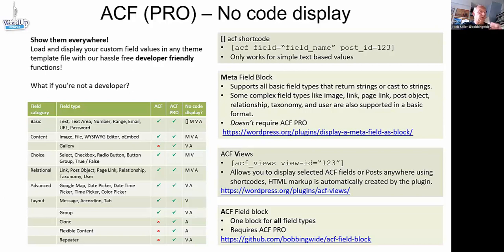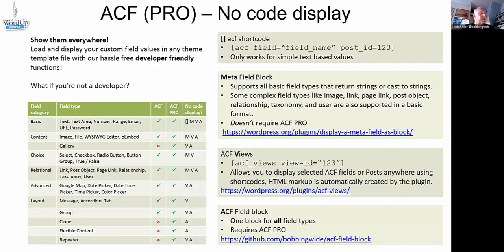And what I wanted to do was to be able to display any field inside a block, and I then decided I would go away and write a plugin that will do that, and that plugin is now available on GitHub as ACF field block. What I haven't done is actually show you how this is doing its stuff, but I will.